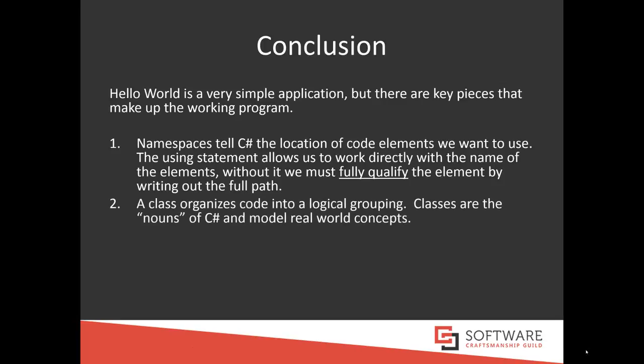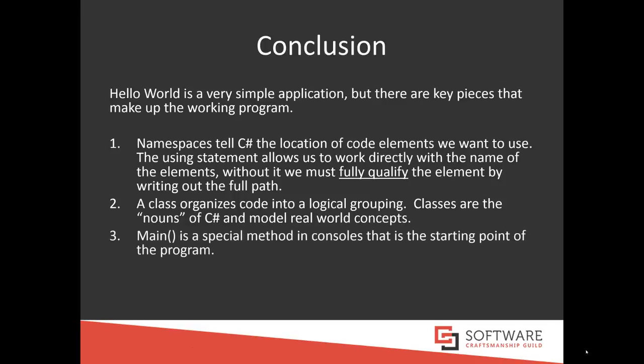A class is what we use to organize code into logical groupings. Classes are the nouns of C#, and they model real-world concepts. Again, if we're writing a banking system, I would expect to see classes like account and customer. Main is a special method for console programs, and it's the entry point of the program.